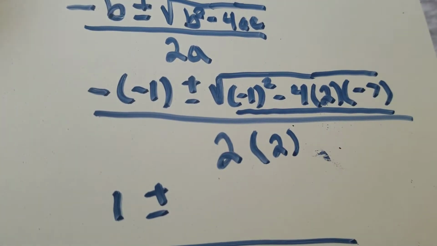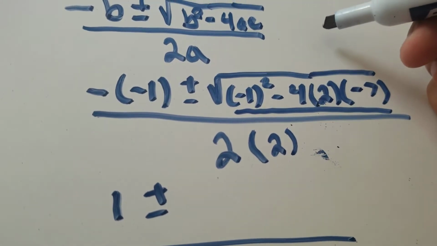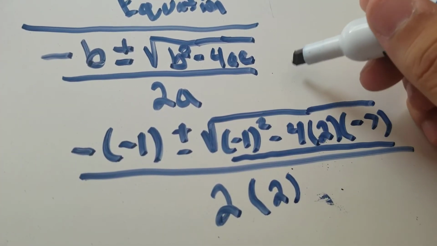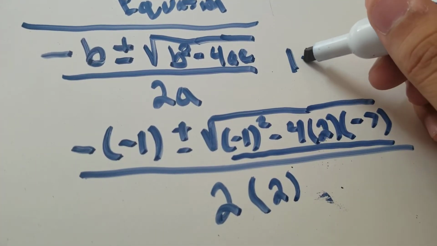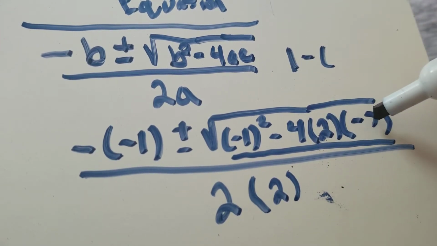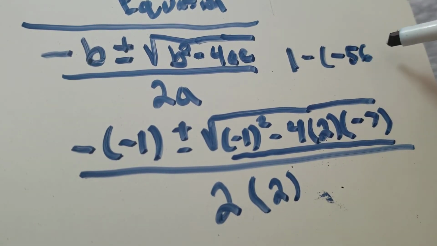It's not as scary as it looks. I'll do the math over here so I have some space. Negative 1 squared is positive 1, minus 4 times 2, which is 8. 8 times negative 7 is negative 56.